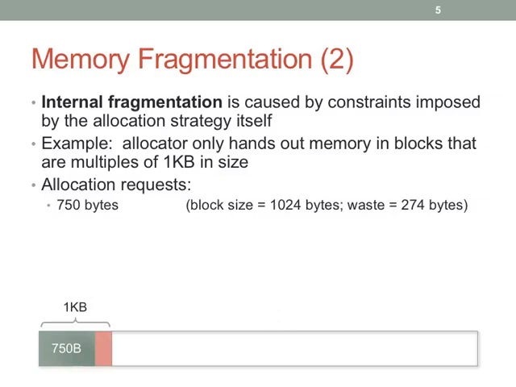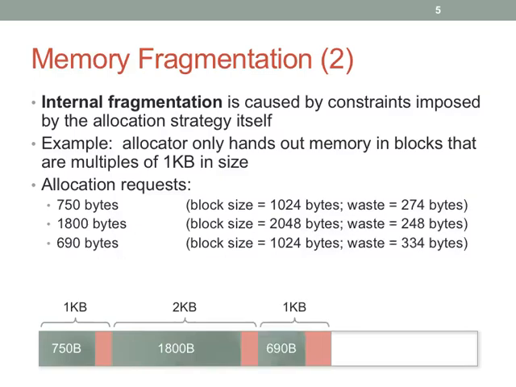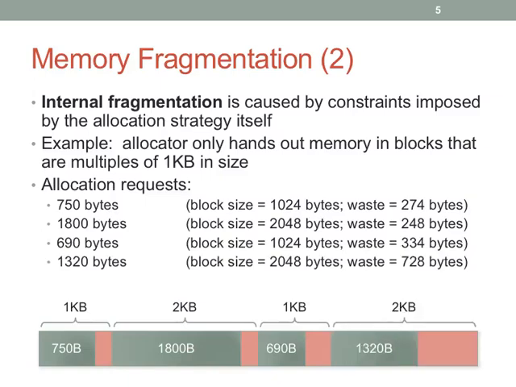You get a 750 byte request, and you can see that we waste 274 bytes because we round that up. We allocate 1,800 bytes, well, we round that up to 2,048, so we waste another 248 bytes, another allocation request, and then another one. And you can see 1320 is just enough over 1,024 that we have to allocate 2 blocks.